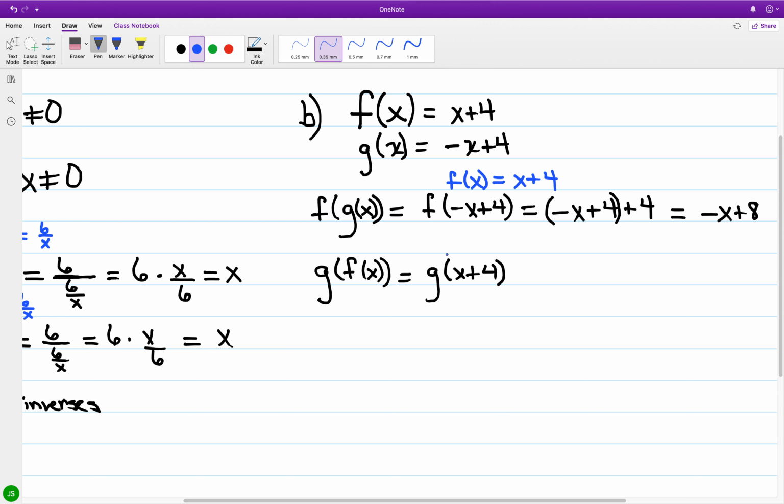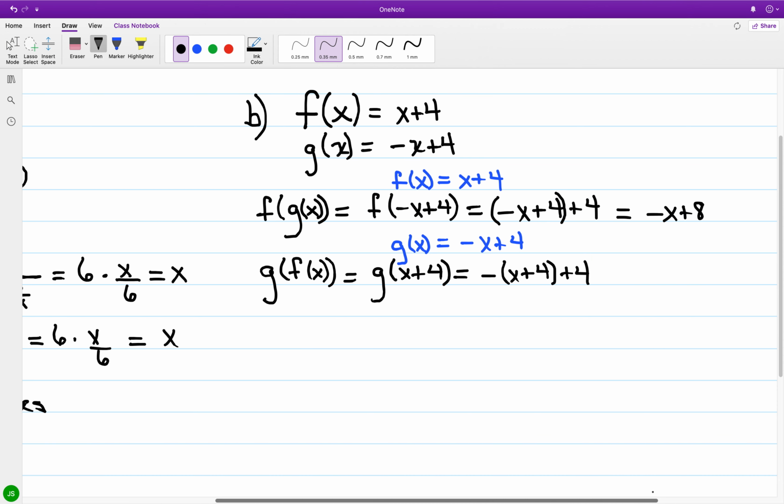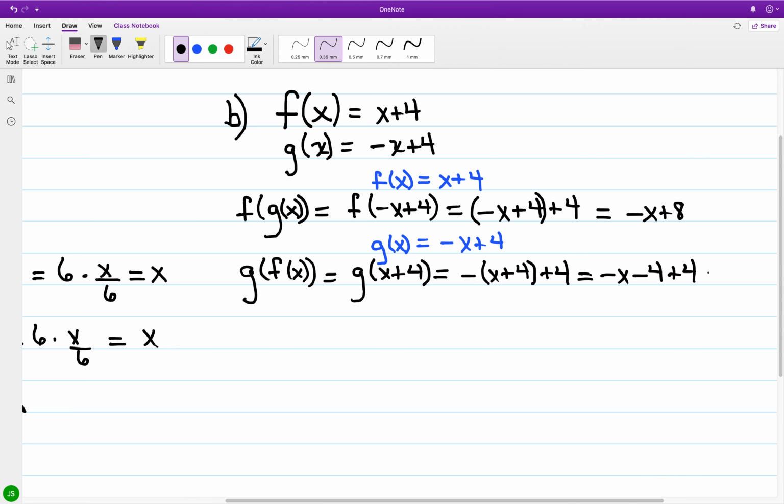Operating in accordance with g of the input equal to the negative of the input plus 4, it will turn out that we're going to have the negative of the quantity x plus 4, plus 4, and this will translate out to negative x minus 4 plus 4. Negative 4 and 4 will cancel out, and this will come out equal to negative x.